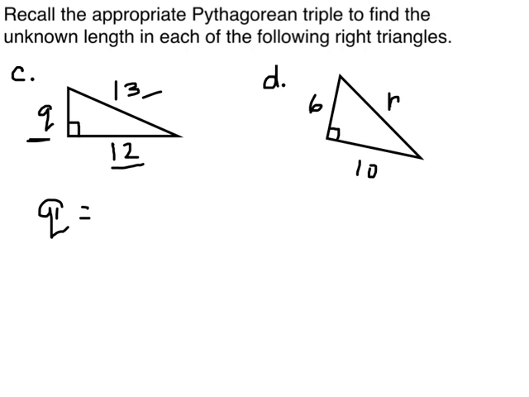That's right, Q is always going to be equal to 5. And then if you've got a 6 and a 10, the third side is going to be 8. 6, 8, 10. 5, 12, 13, always.